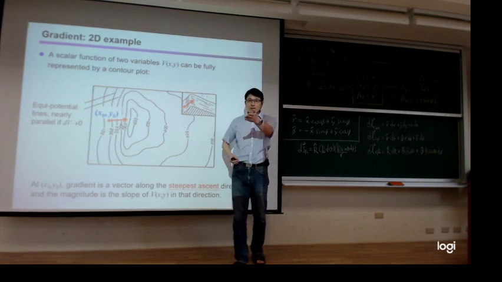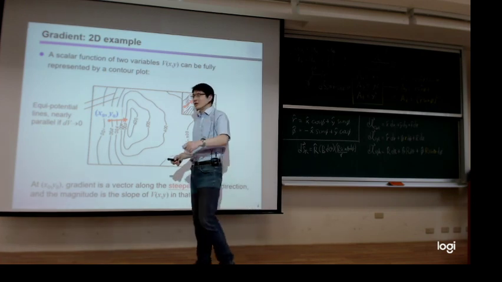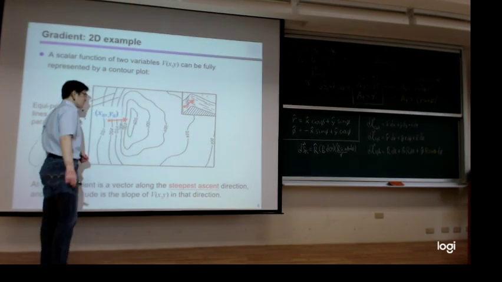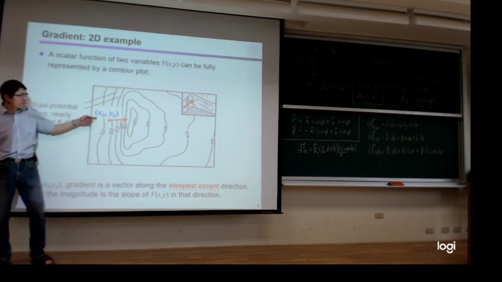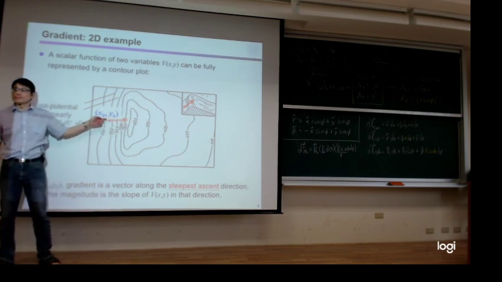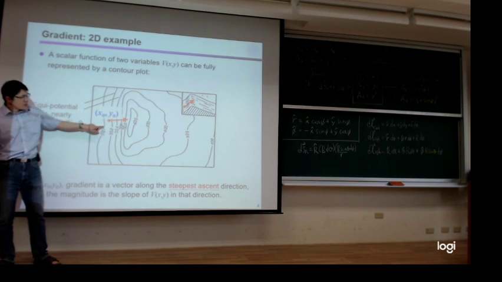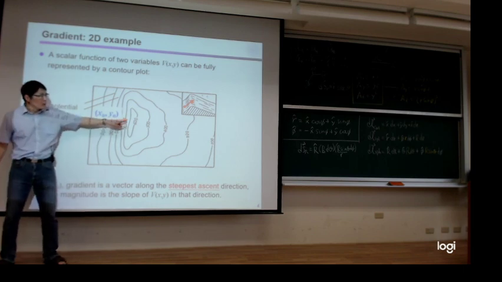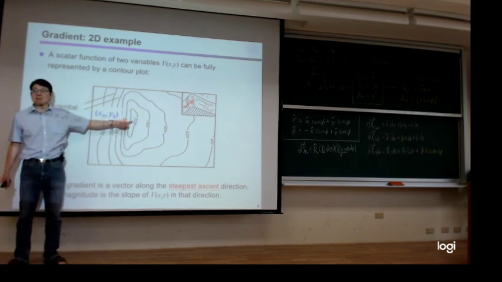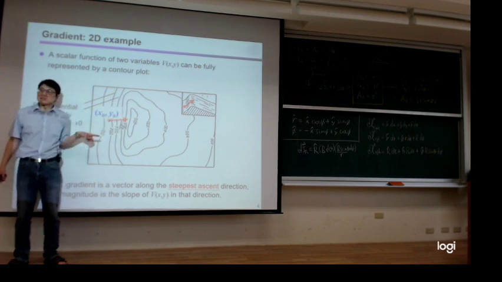For you, like my TA, she's very young, she's only 20 plus. She'll prefer to take this path, right? You start from 100 meters and you reach the College of Humanity in a very short distance.